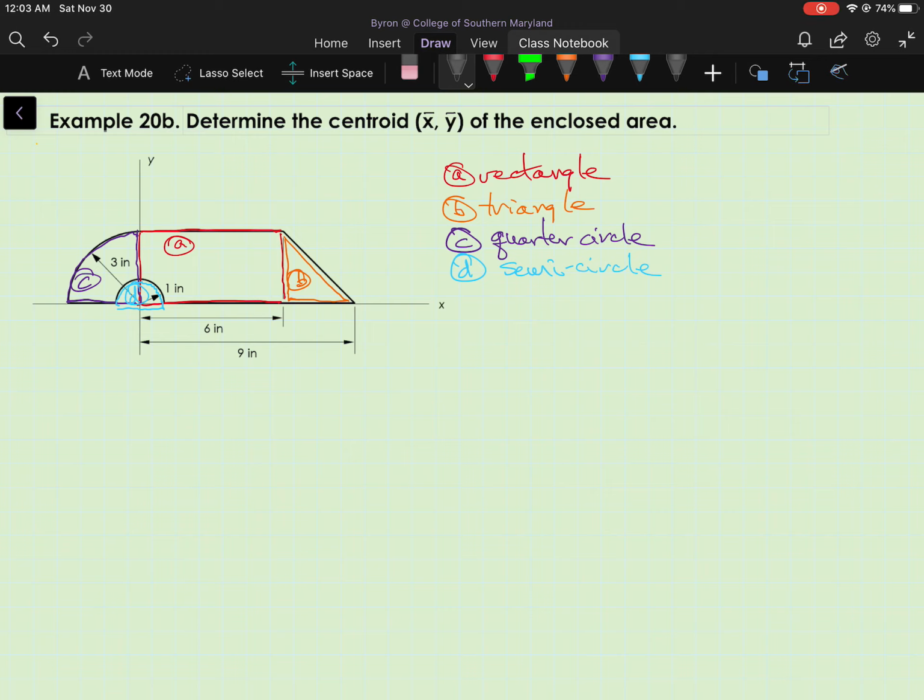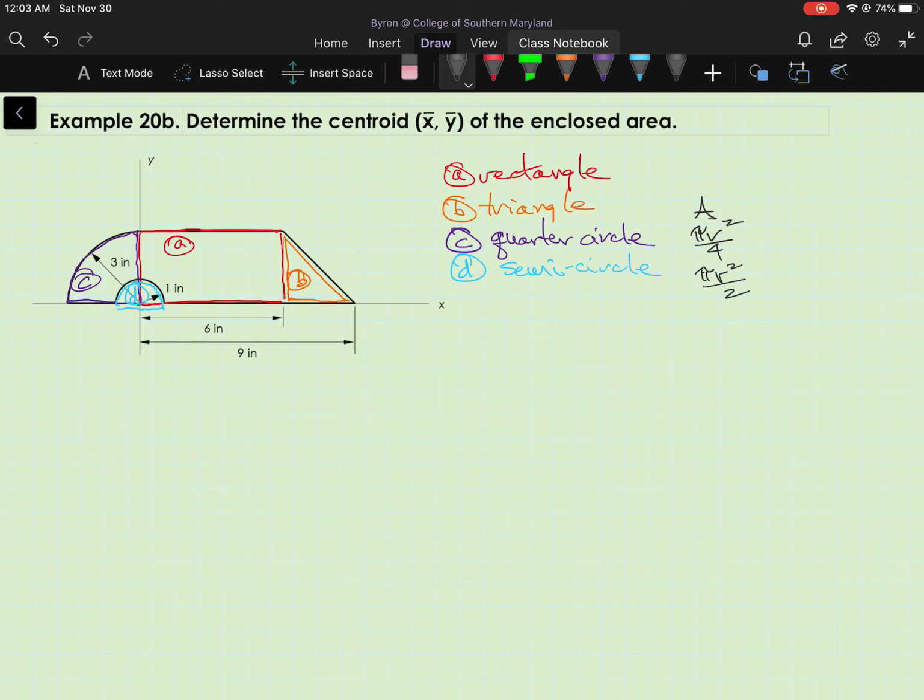We find that the area of a quarter circle, and you could probably figure this out, it's 1/4 of an entire circle, is pi r squared over 4. A semicircle is going to be pi r squared over 2.